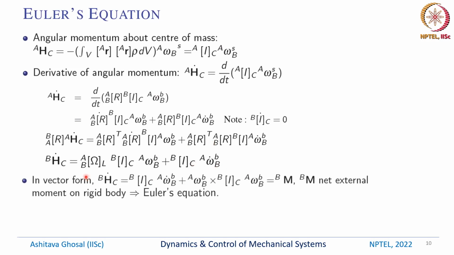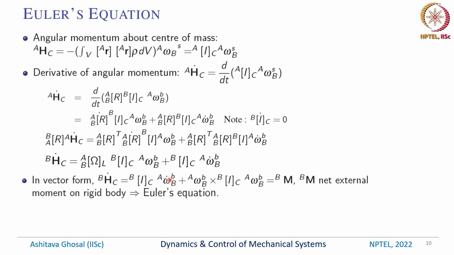So hence, in vector form, the above expression can be written as the rate of change of the angular momentum about the center of mass in the B coordinate system is something like BIC into A omega dot.